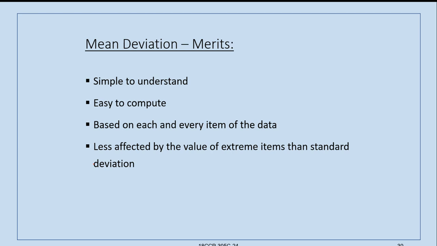But in mean deviation, we will take each and every value, because after calculating the actual mean or median or mode, we will take the deviations, that is x minus arithmetic mean or x minus median or x minus mode. That is the deviation.